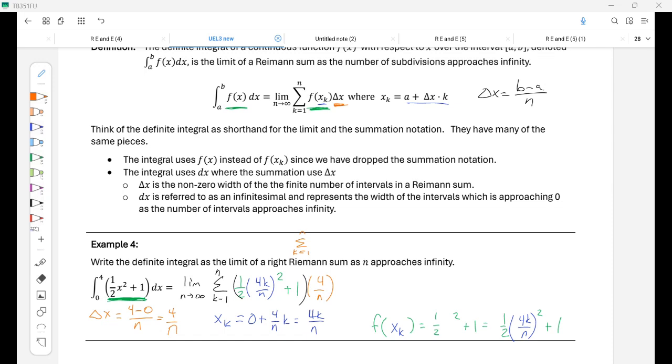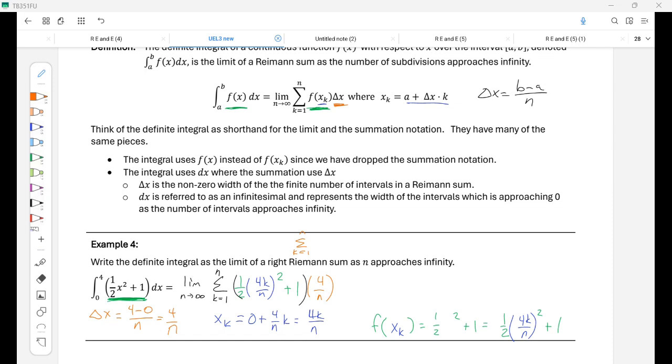Well, 4 cubed divided by 6, plus 4. That's the answer. x cubed over 6. Evaluated at 4 and then subtract it evaluated at 0. So we'll get there. That's the next lesson, Jack. Okay. That's E4. Yep. All right.